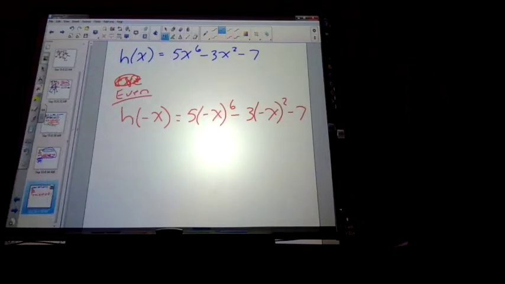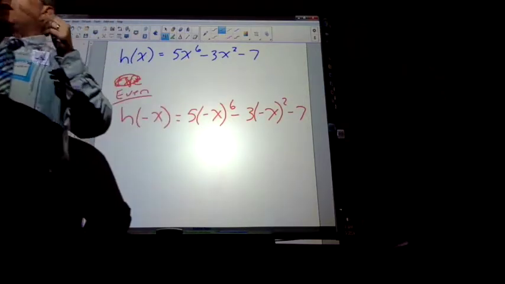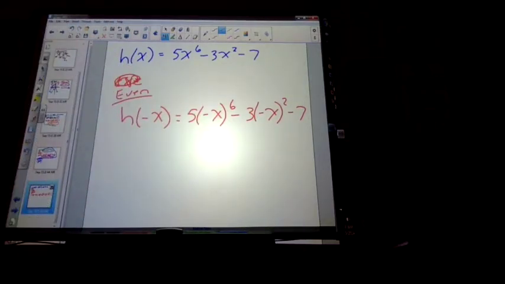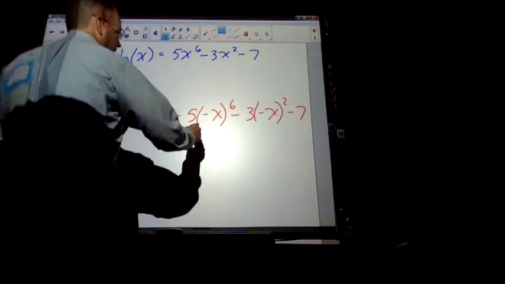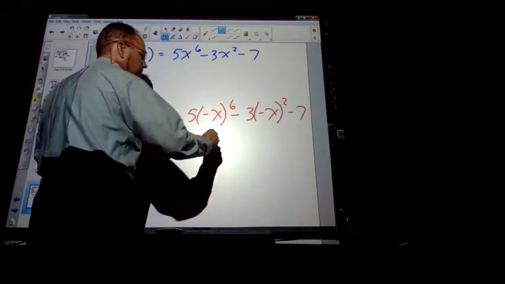Still with me? So you remember, if I go through the arithmetic and I get back the exact original, it's an even function. So if I take negative x and raise it to the 6th power, which is negative x multiplied together six times, what do I get? Positive. So this becomes 5x to the 6th power.